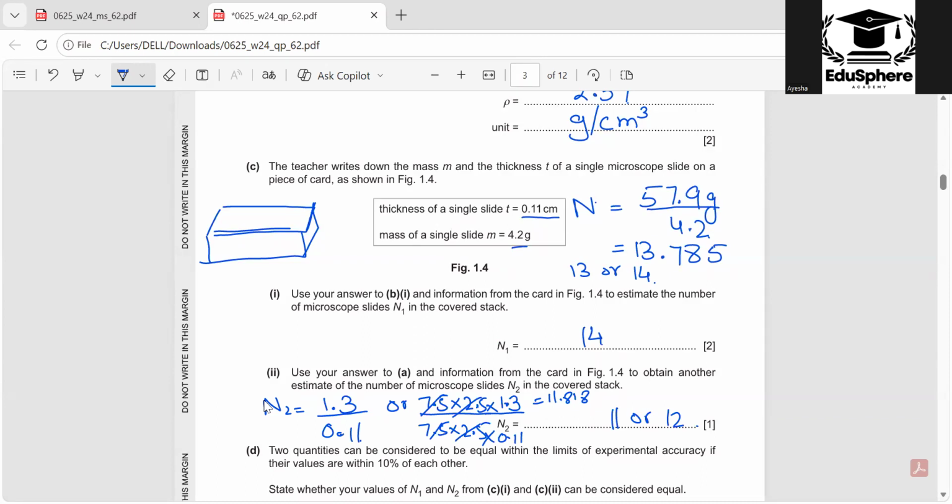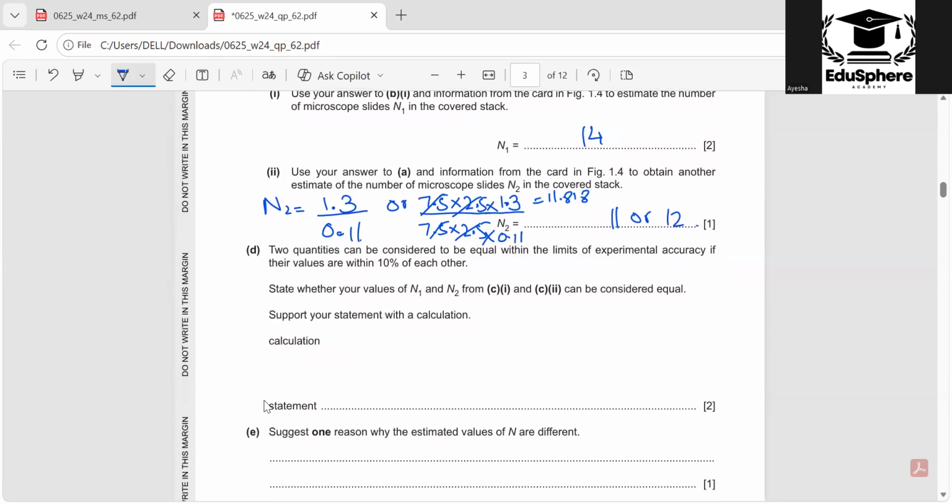Okay, now let's move on to this question. They say that two quantities can be considered to be equal within the limits of experimental accuracy. Since we have gotten the answers as 14 or 12, they want to know what the answer will be within the limits of accuracy.